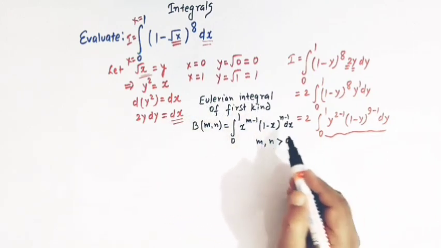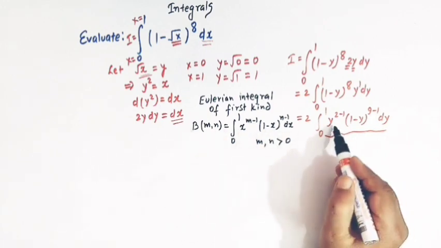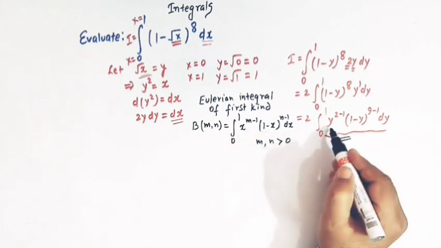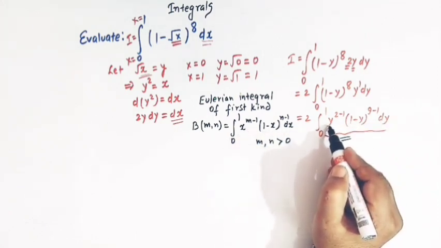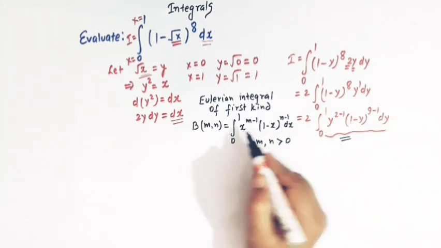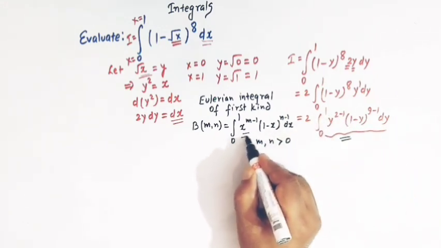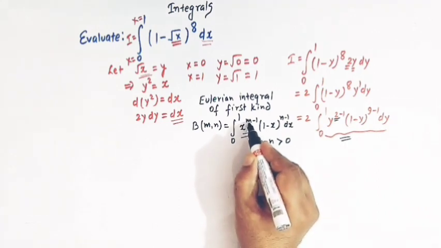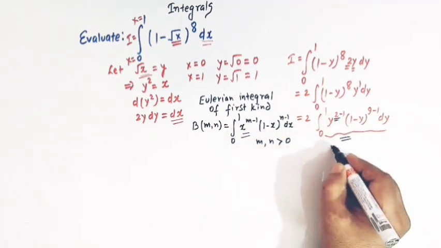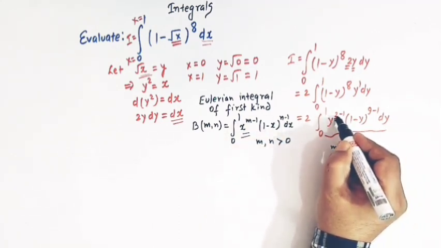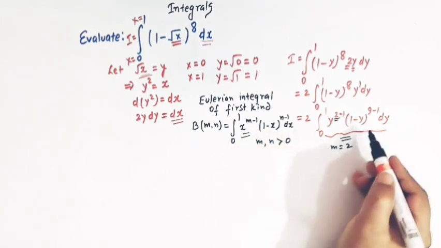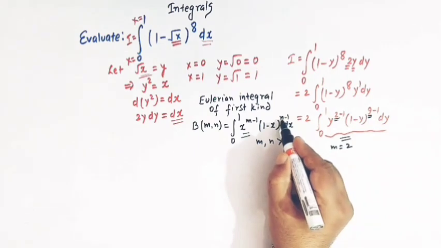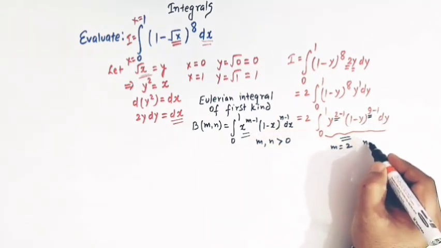And here we see that this integral is similar to this one, right? Except the variable. So here we have y and here we have x. And see, if we compare this integral with this one, then see the value of m is 2, right? So this is m, and here we have 1 minus x, here we have 1 minus y, and the value of n is 9, right?